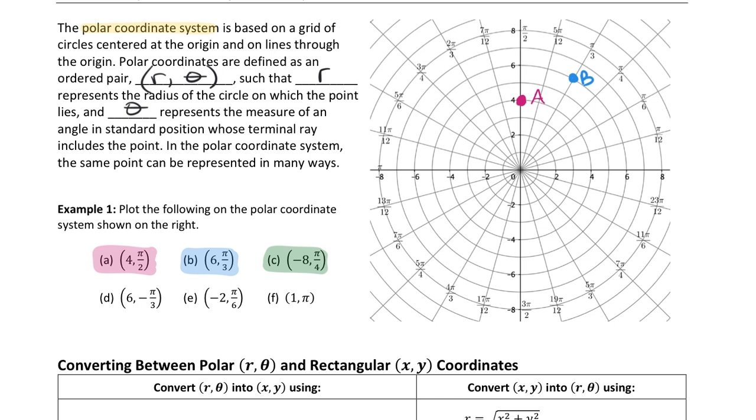Here's what I know. I know that pi over 4 from positive 8 is right here. But I'm not starting from positive 8. I'm starting from negative 8. So if I travel pi over 4 units, I'm actually going right here to 5 pi over 4. So negative 8 comma pi over 4 is the same thing as 8 comma 5 pi over 4.